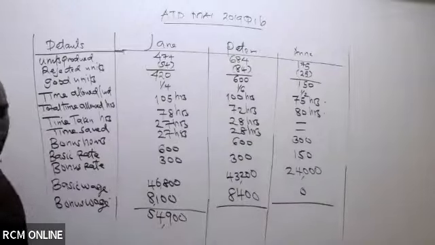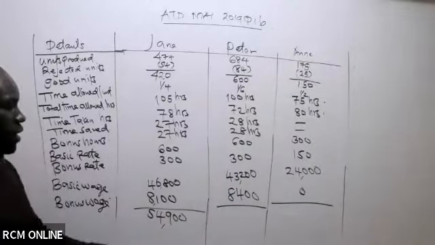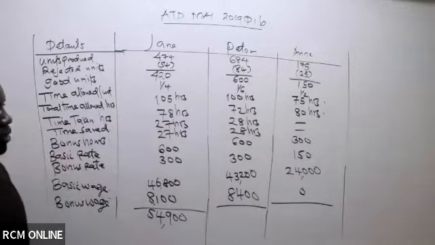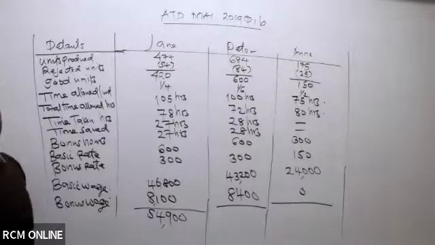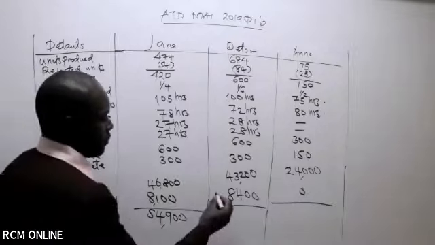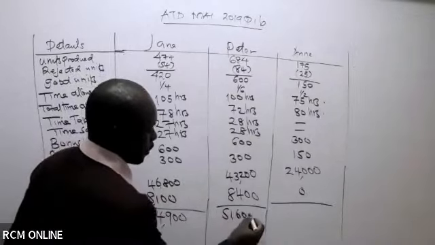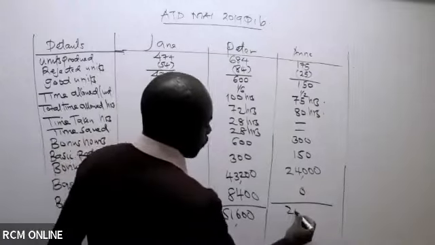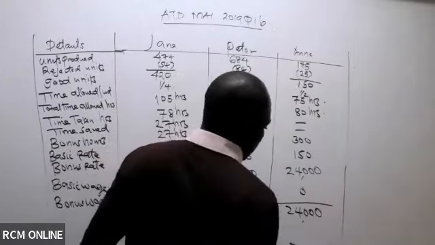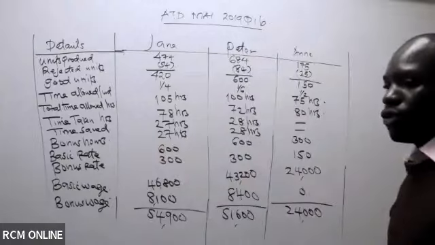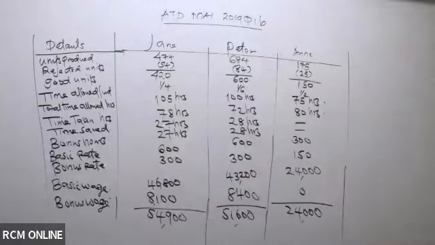Is that the case? 54,900. How about this? It will be 51,600. Then this one will be 24,000. So that's what you are required to do in this particular question.